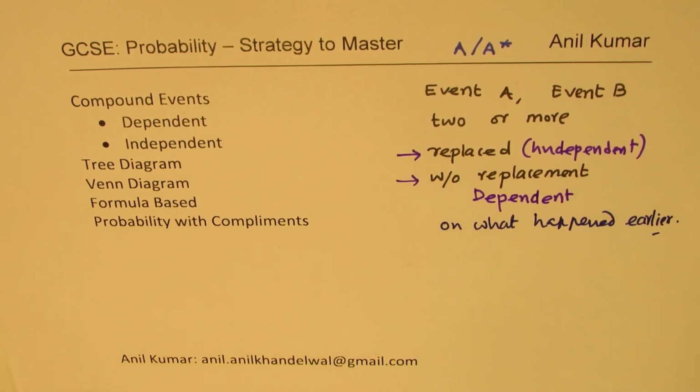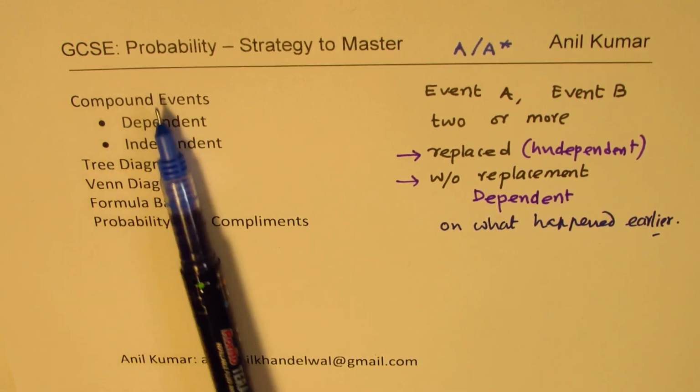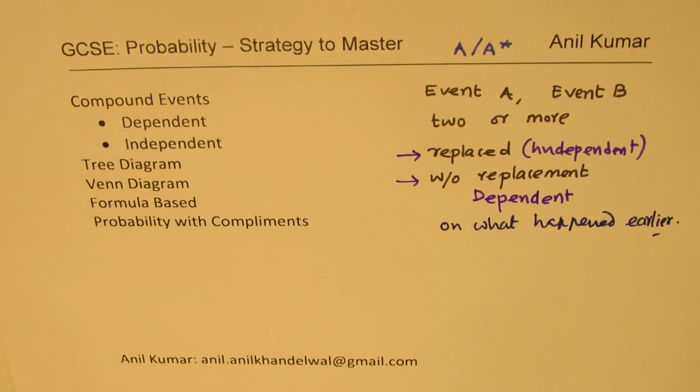So sometimes, let's say we have 3 red balls and 4 green balls, and if I take one and don't replace, the probability of picking up red or green next time changes. So it is dependent on the previous event. You got the idea, great. So with these basic ideas, we will actually take a few examples. I think you have understood all this.